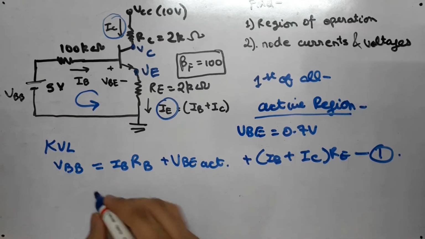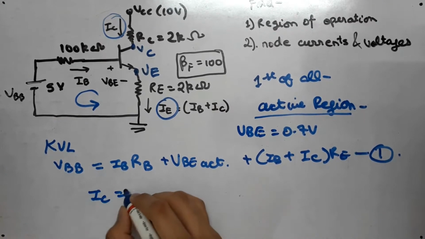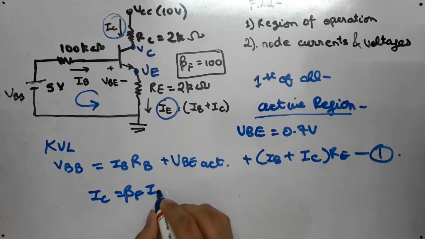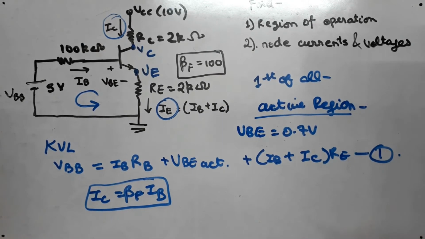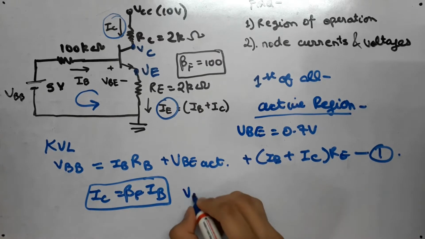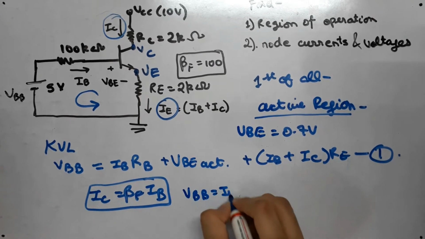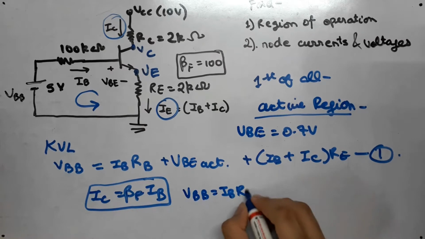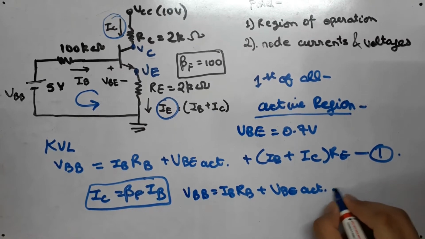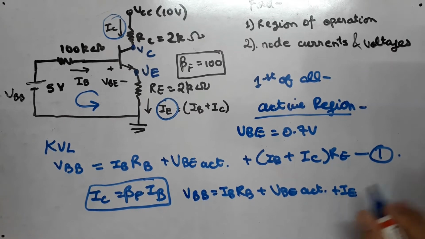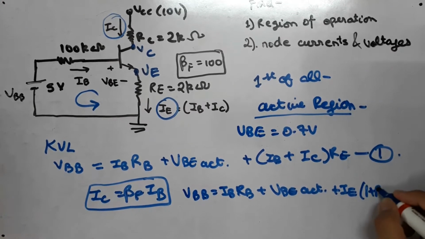Now in the active region we also have that IC is equal to beta F into IB. We are given the value of beta F, that is equal to 100. Now we can write equation 1 in terms of IB as VBB is equal to IB RB plus VBE active plus IB into (1 plus beta) RE.